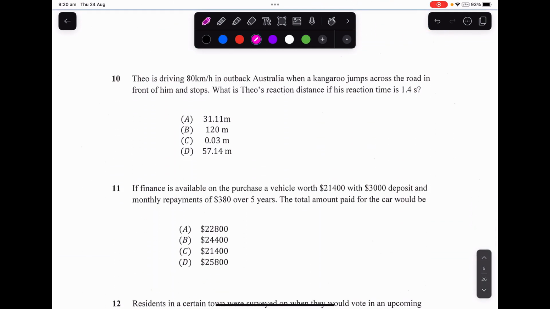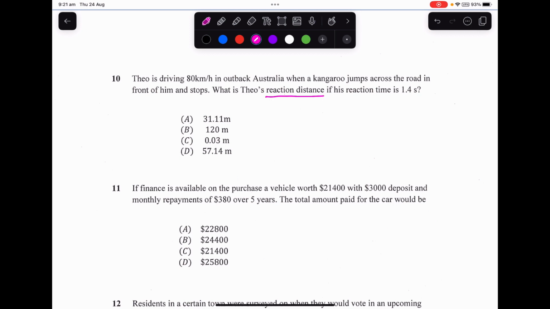Okay, let's have a look at the next one. Theo is driving 80 kilometres an hour in outback Australia when a kangaroo jumps across the road in front of him and stops. What is Theo's reaction distance if his reaction time is 1.4 seconds? So our reaction distance is the distance travelled during our reaction time. This is a little bit tricky.